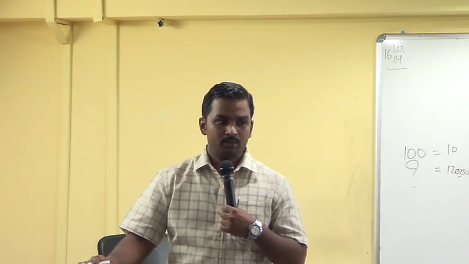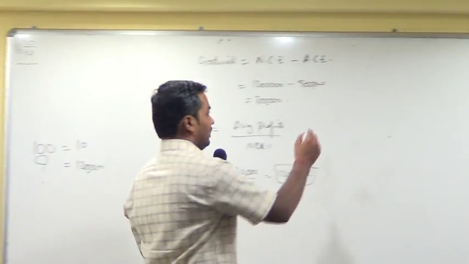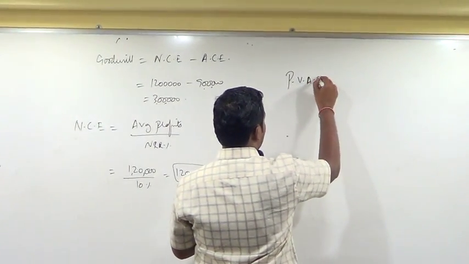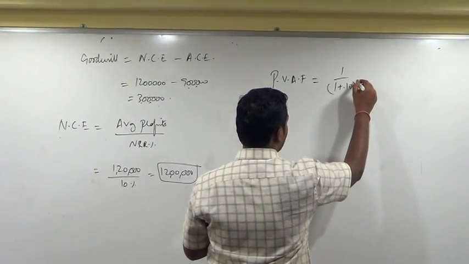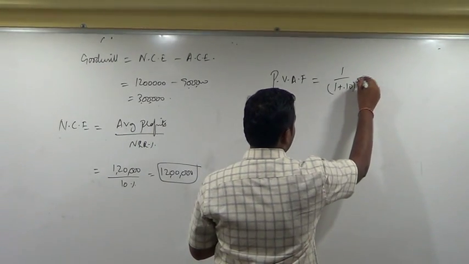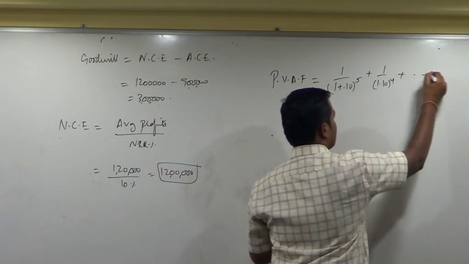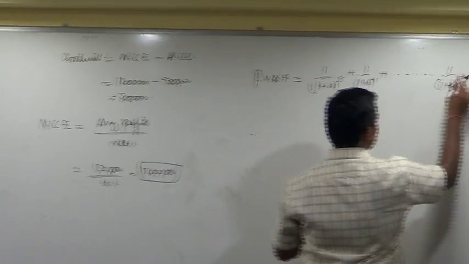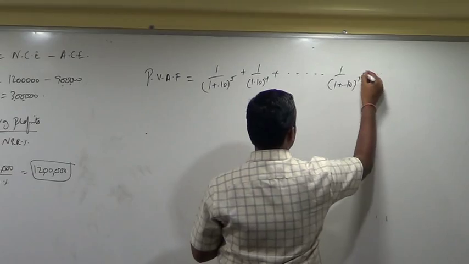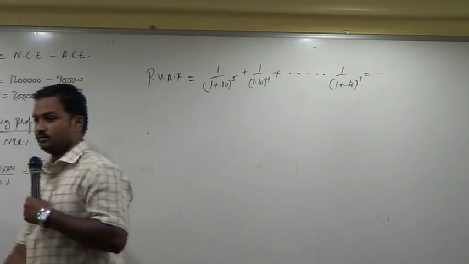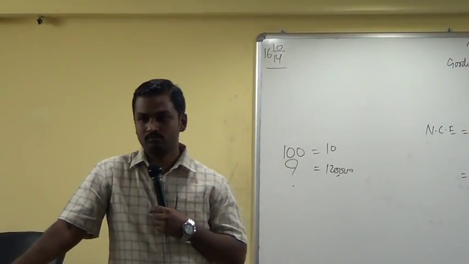Write down below that. Present value annuity factor is equal to, look at the board. This is how we calculate it.